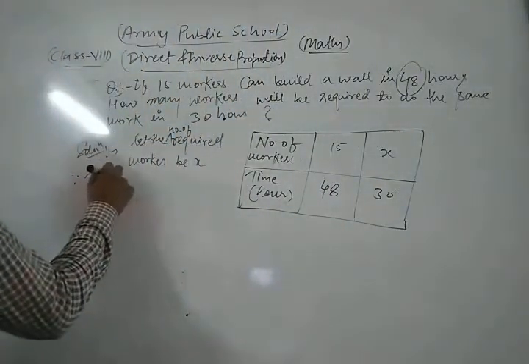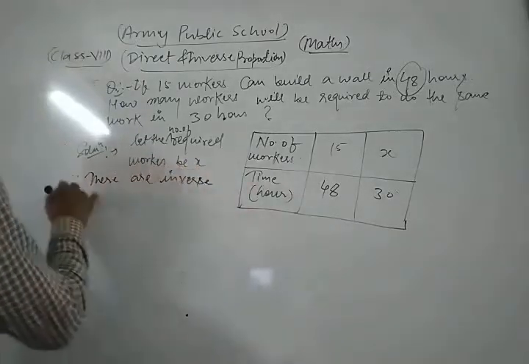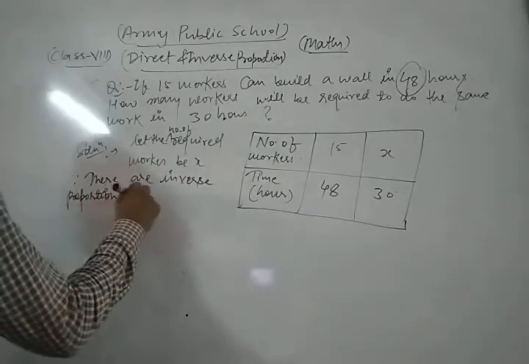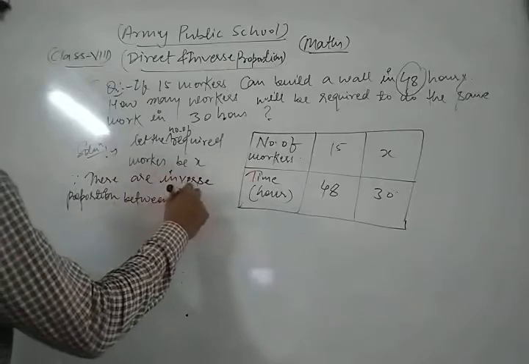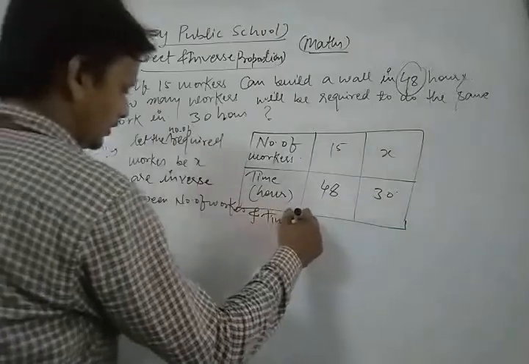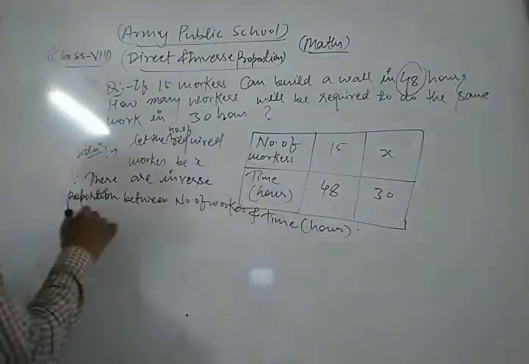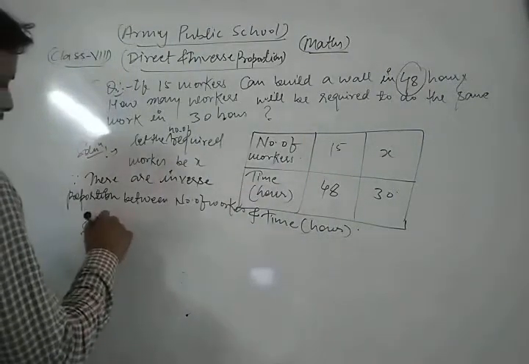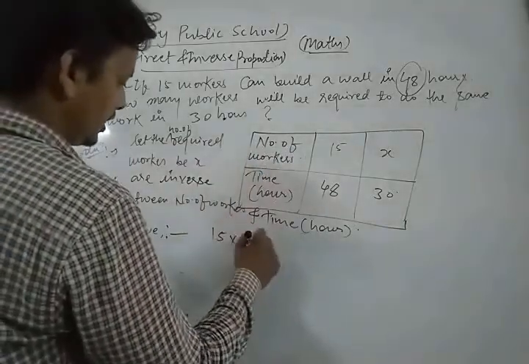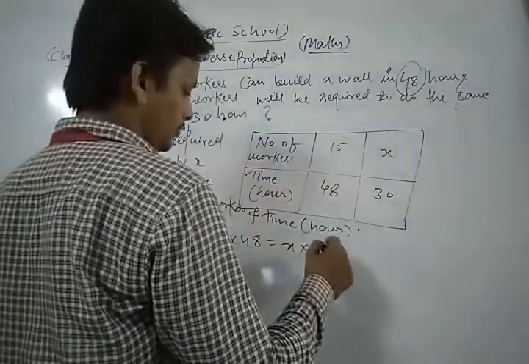Since there is inverse proportion between number of workers and time in hours, we get 15 into 48 is equal to x into 30.